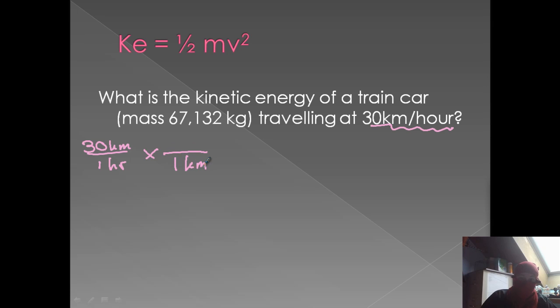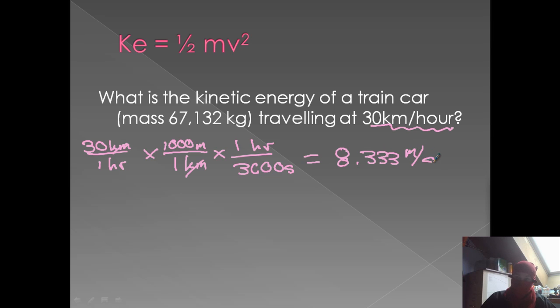So in 1 kilometer, 1,000 meters. So that gets rid of our kms. Now we got to get rid of our hours. And in 1 hour, there are 3,600 seconds. And that gives us a total of 8.333 meters per second.